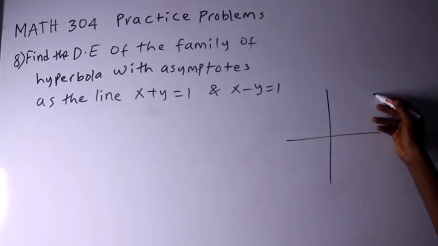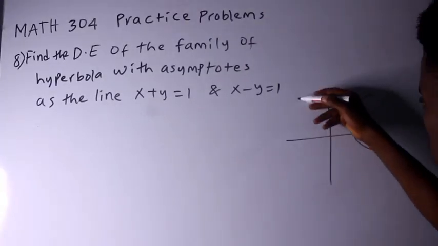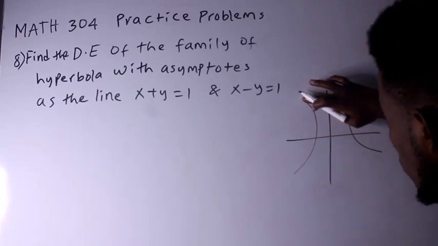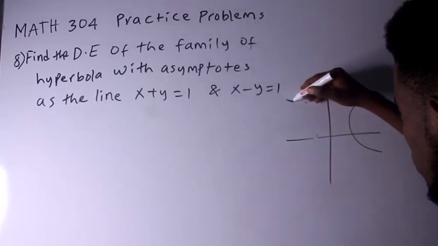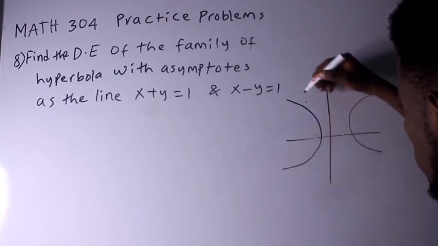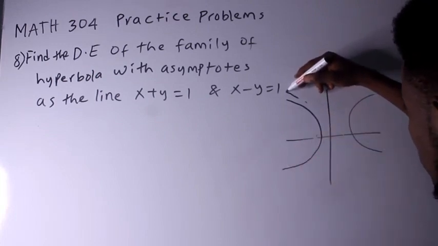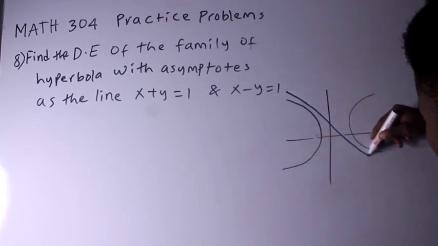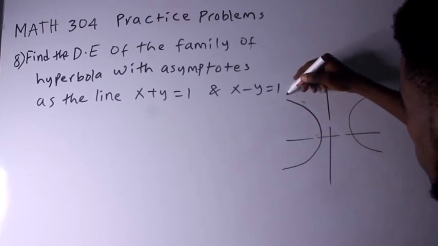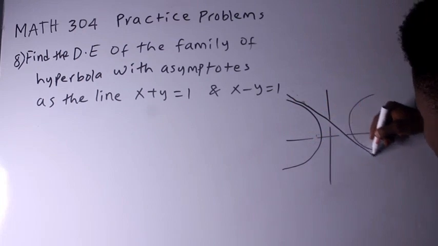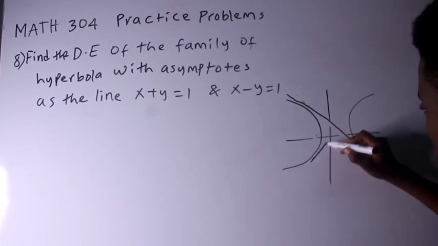We say this is the hyperbola, and we know the asymptotes of the hyperbola is a line. So there are two asymptotes. A line that approaches the hyperbola but does not touch the hyperbola is called the asymptote of the hyperbola. So this will be a little bit close to this. This will also be a little bit close to this.